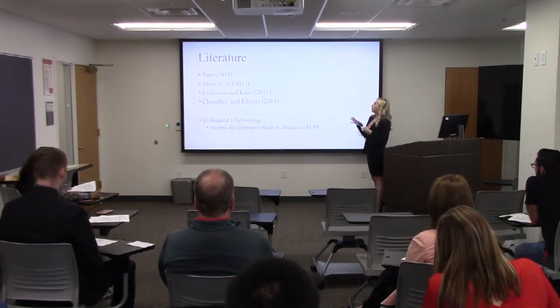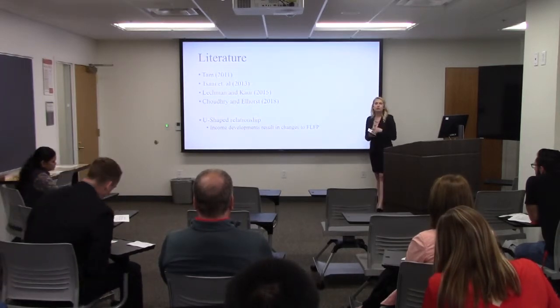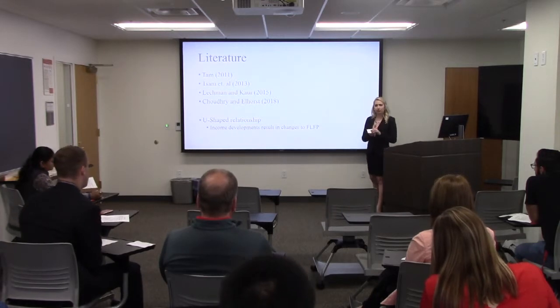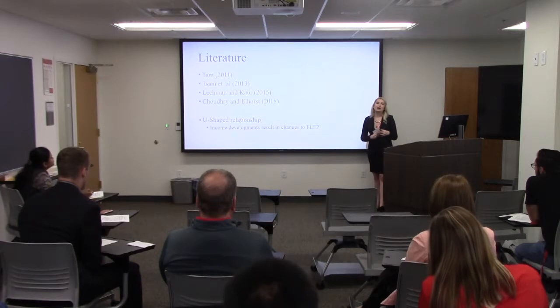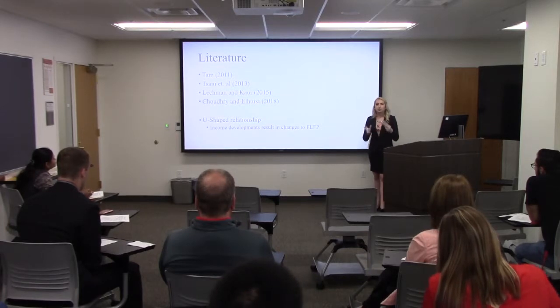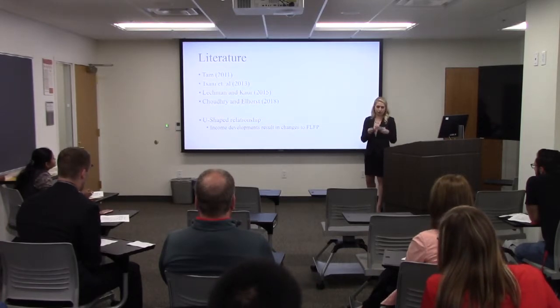And then the Sani et al. paper looked at just the South Mediterranean, North African region. They also found this U-shaped relationship, but they found that in the South Mediterranean region, female labor force participation is lower than in other countries of similar levels of income and development due to region-specific barriers.